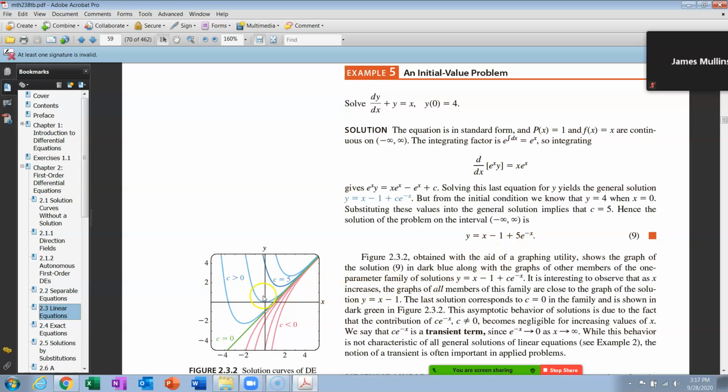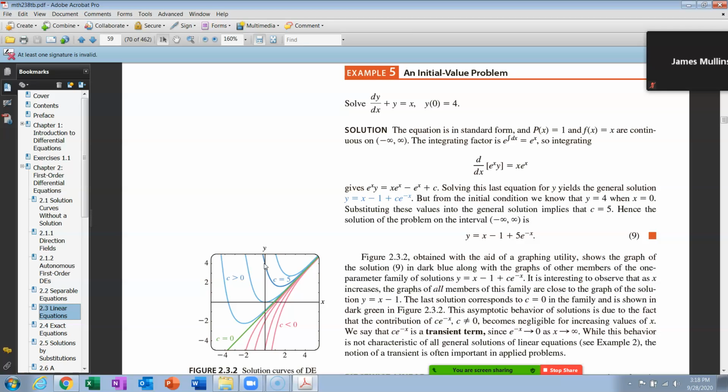And when c is, okay, we found c is equal to 5. That was here. That's because when x equals 0, y is equal to 5. I'm sorry, y of 0 is equal to 4. It's right here. Okay, and that's the one and only for there.